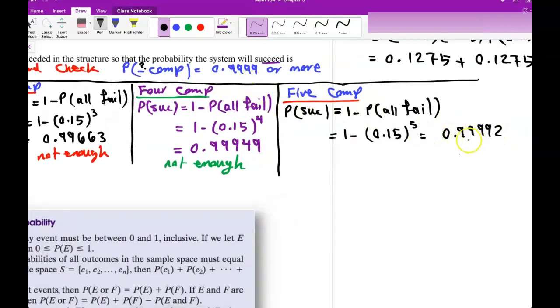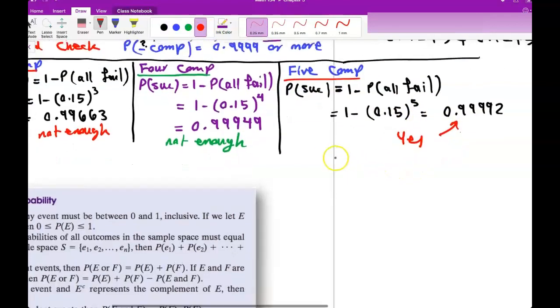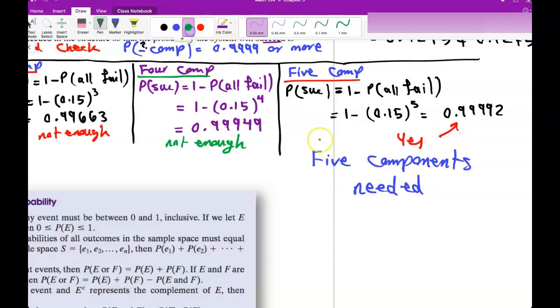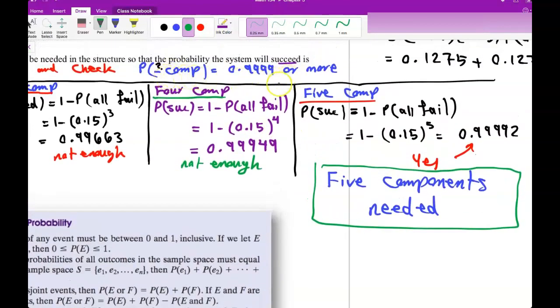So here we got that the number is greater than or equal to what we need. So yes, this one is enough. And what that means is that on this part we need 5 components to have this probability greater than or equal to 0.9999.